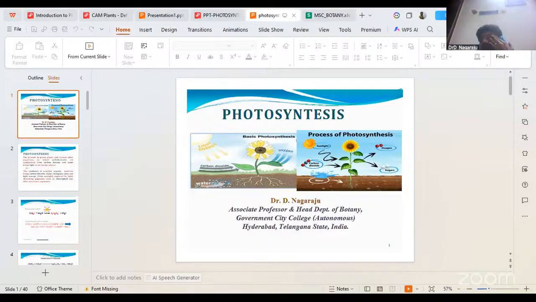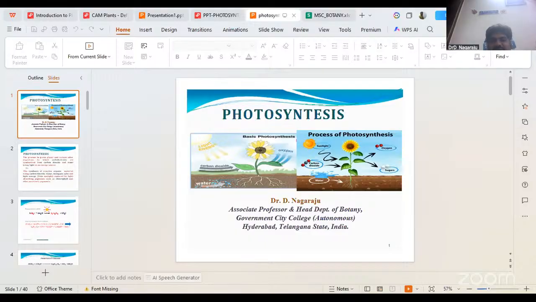That is the phosphorylation reaction, and it happens in the light reaction of photosynthesis. You know, photosynthesis is divided into two: light dependent and light independent. Light reaction and dark reaction.